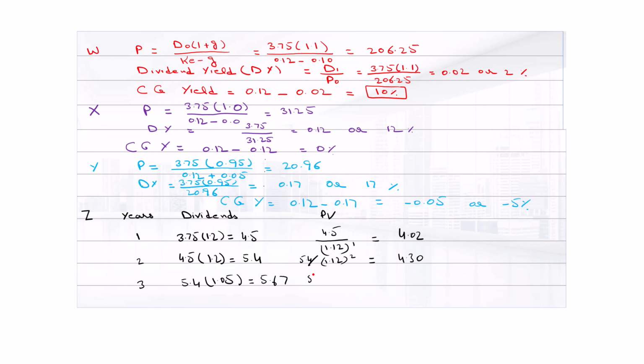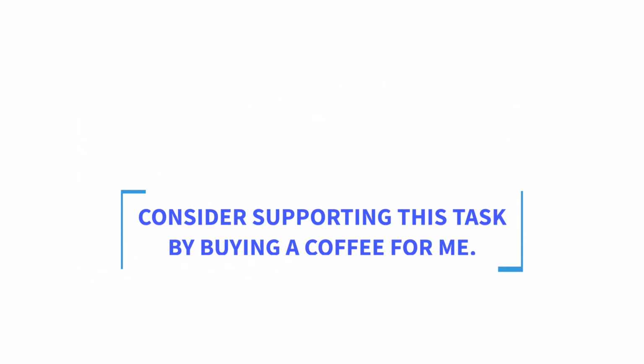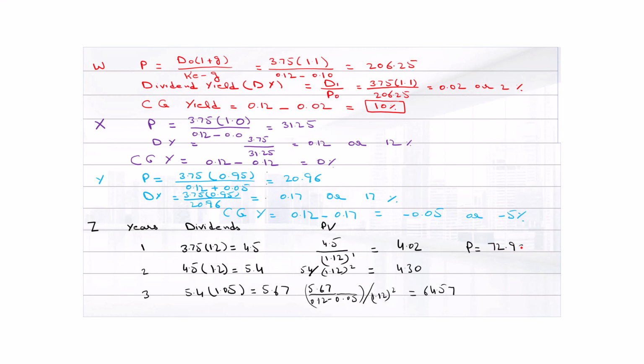For the third year, 5.67 divided by 0.12 minus 0.05, and the whole divided by 1.12 raised to power 2, and the answer is 64.57, and price will be the sum of all these, that is 72.90.